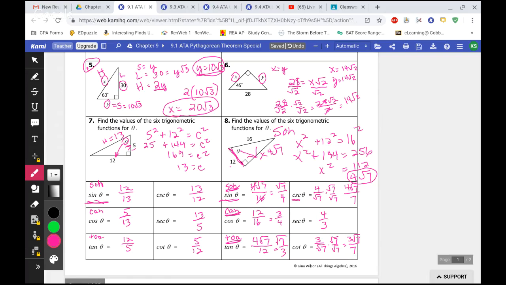Cosine, for every single one. Yes. But if you get a radical in the denominator, like down here on cotangent, you have to rationalize that denominator. What does that mean? Rationalizing the denominator, is that where you multiply? Yeah, because you can't have a radical in the denominator. Okay, right? Correct.